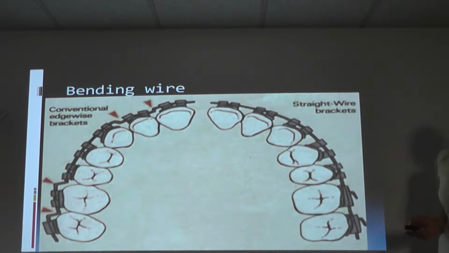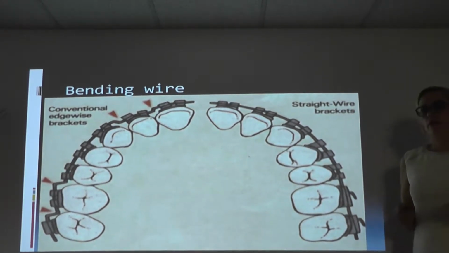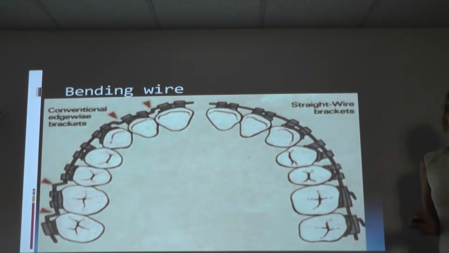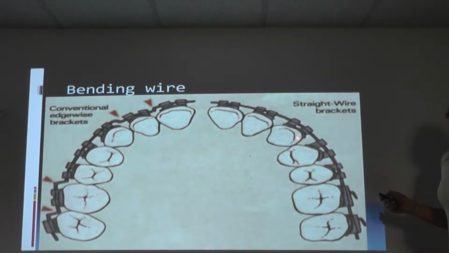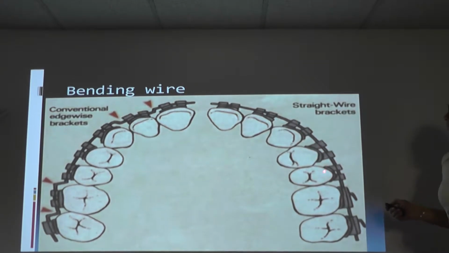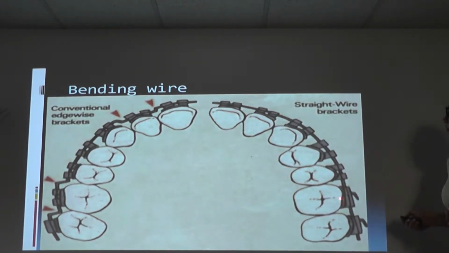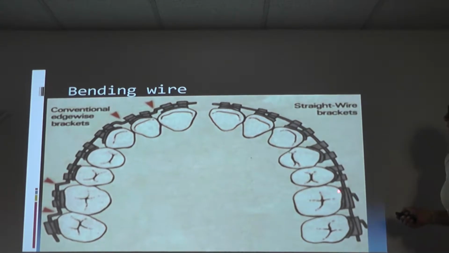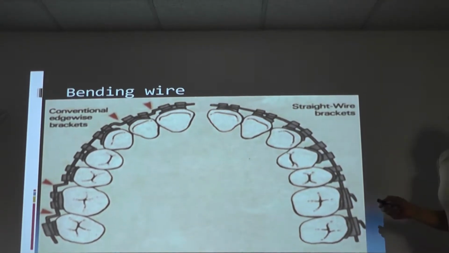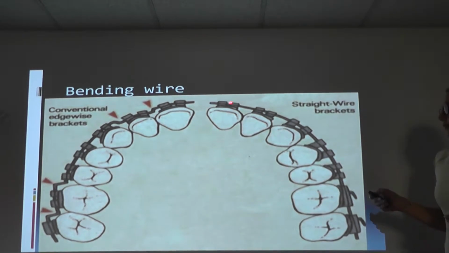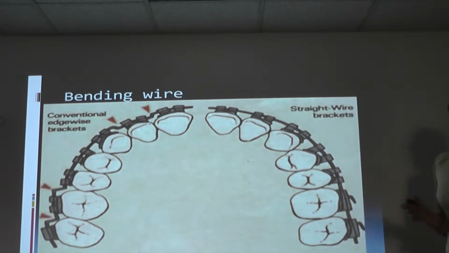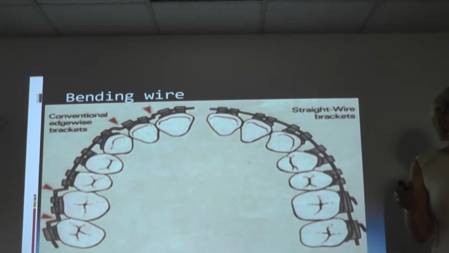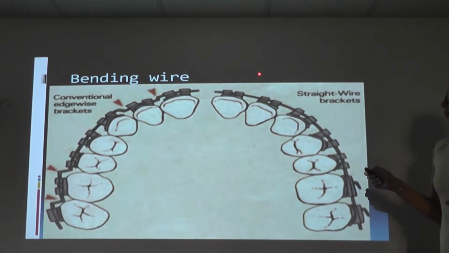And if you see your brackets carefully when you are placing them on typodont or on patient, you can see that central brackets are thinner than lateral, lateral is thicker, cuspid is thinner, and bicuspid also, and the distal part of the tube of molar is also thicker than the mesial side. And you can see that the only one who is affected is lateral incisors. When you go in with straight wire appliance, it will step in.